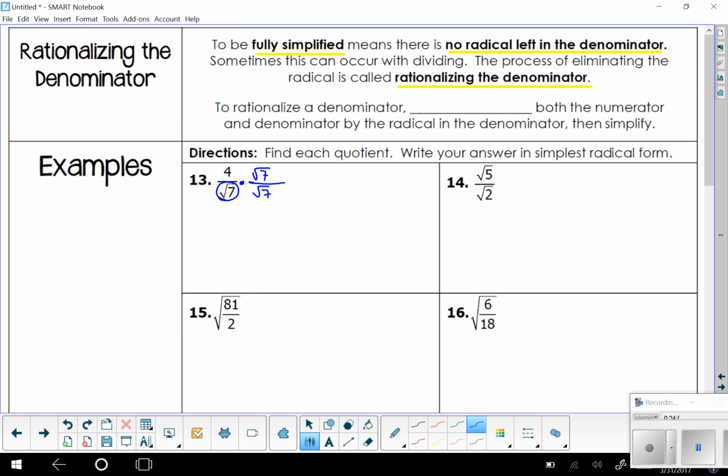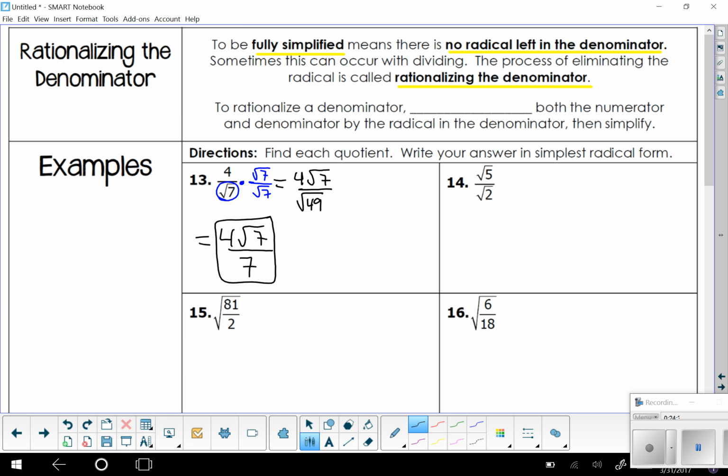You just can't have it in the denominator. So what does that do? We're going to do the baby steps here. So this is 4 square root 7 over the square root of 49. 4 square root 7 over square root of 49 is 7, and that's your answer.